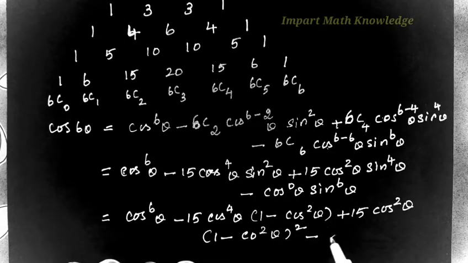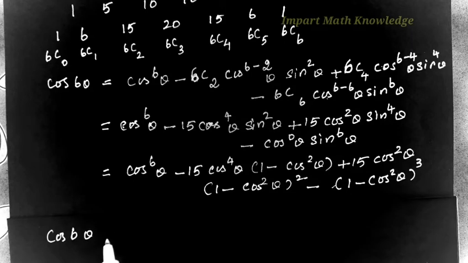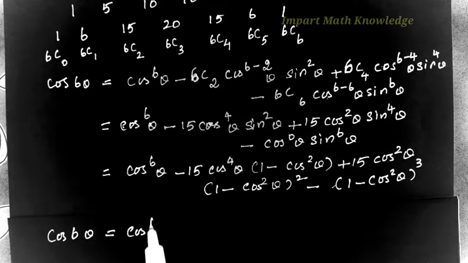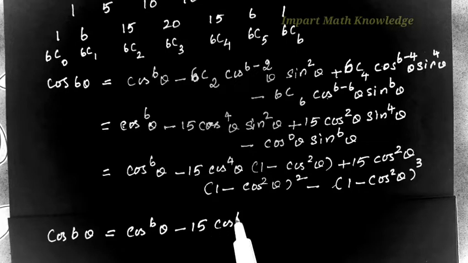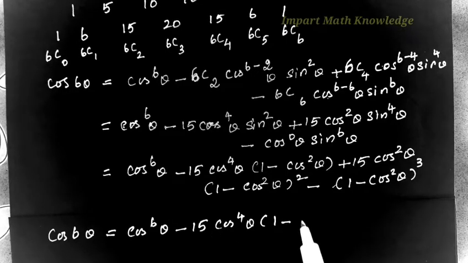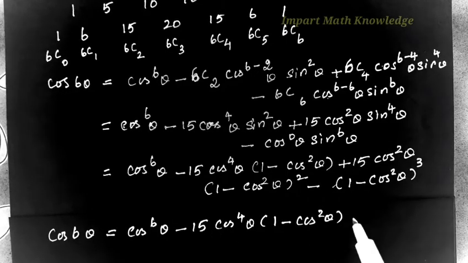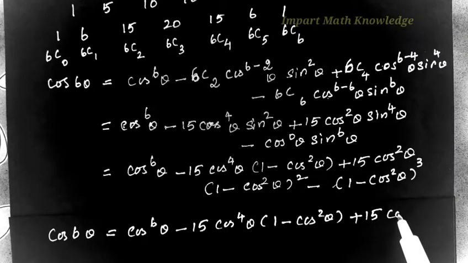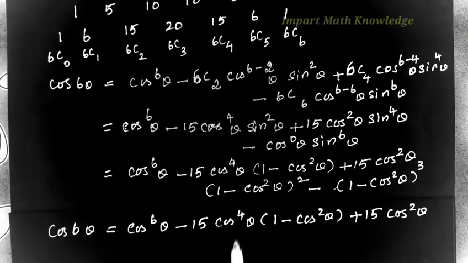Sin power 6 theta can be written as 1 minus cos square theta whole cube. Cos 6 theta is equal to cos power 6 theta minus 15 cos power 4 theta into 1 minus cos square theta plus 15 cos square theta.